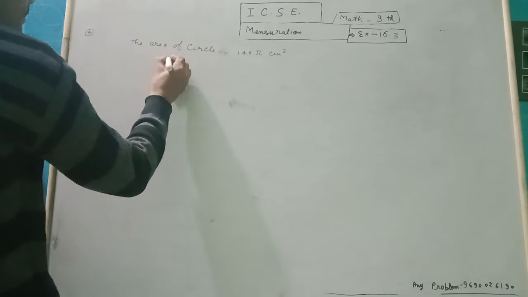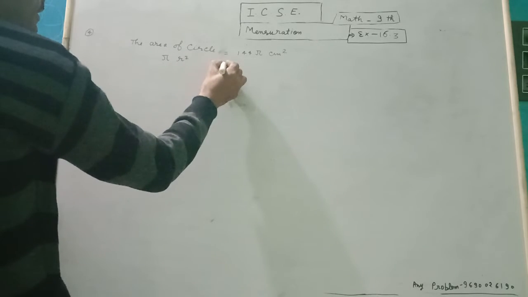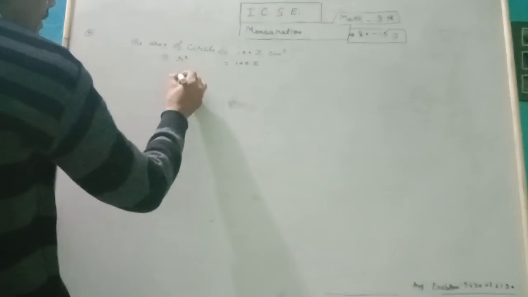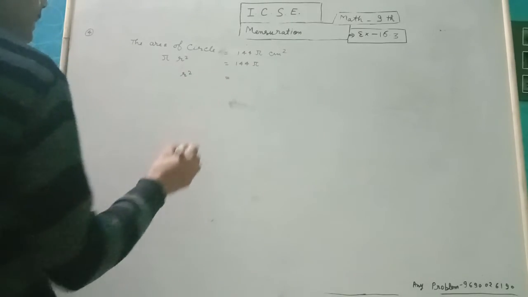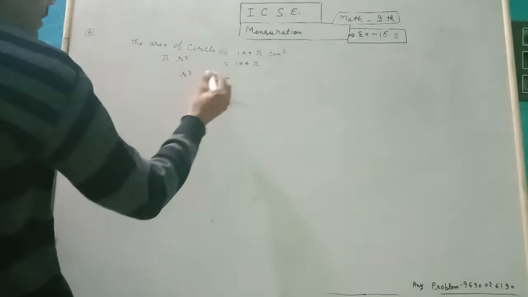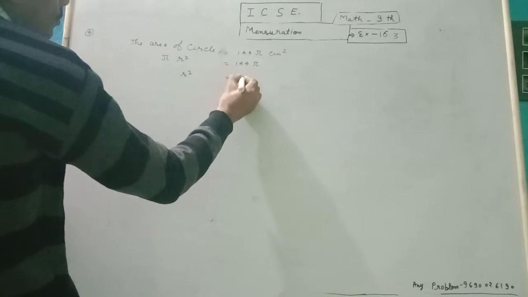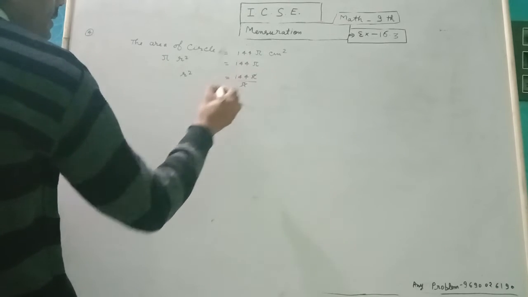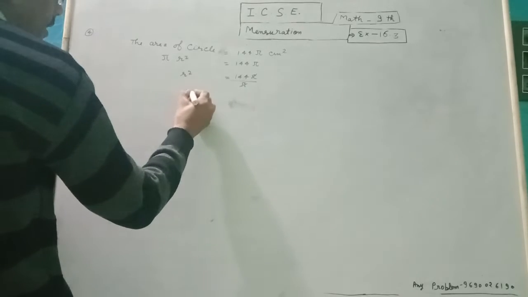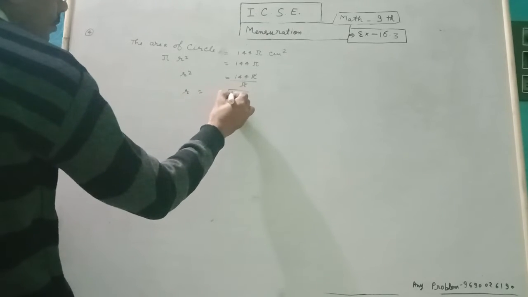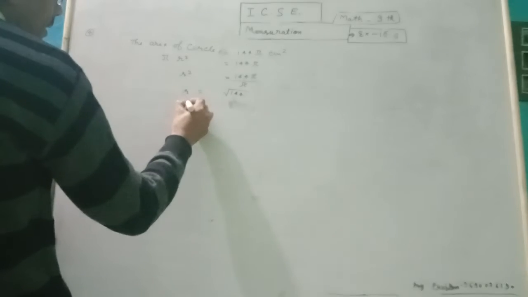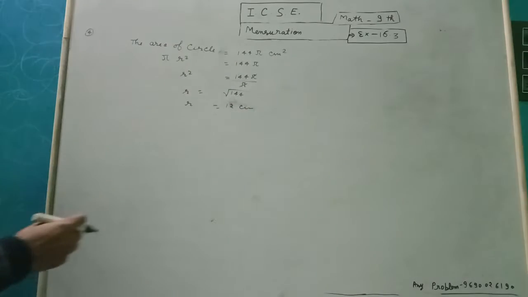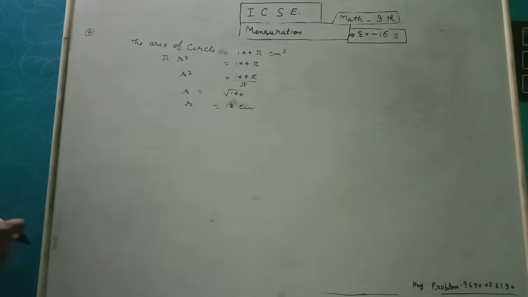Area's formula is pi r square is equal to 144 pi. At first find r. So r square is equal to 144 pi upon pi. Pi divided by pi, r is equal to under root 144. So now r is 12 cm.